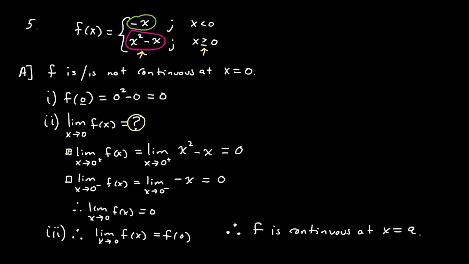The only reason that I have two bullets here and writing two separate statements is because the behavior is different on either side. See, the pink is what happens to the right of 0, and green is what happens to the left of 0. If the behavior to the right and the left were exactly the same, well, I wouldn't need two bullet points. I would only need one statement.